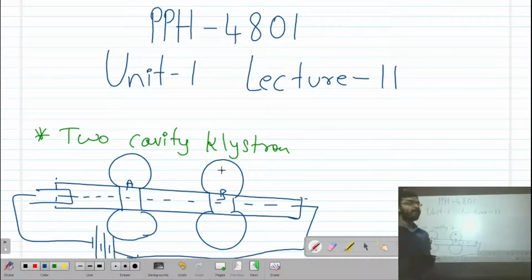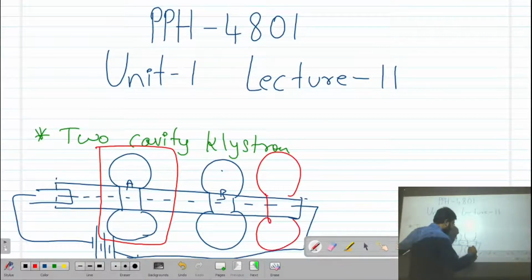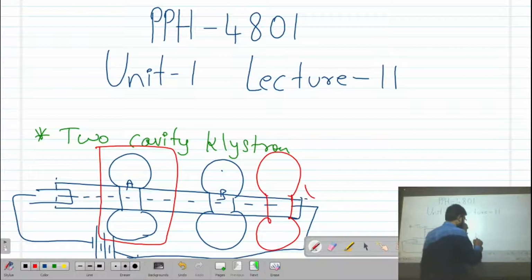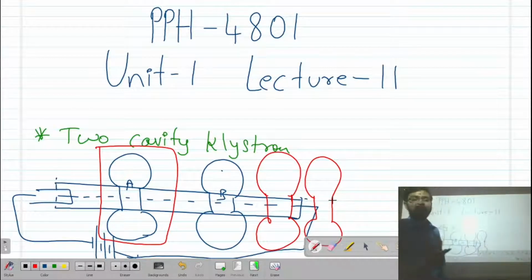But if you want a higher order of amplification, then such cavities can be added more in the path, and each cavity will add its amplification. That is known as a multi-cavity klystron amplifier.